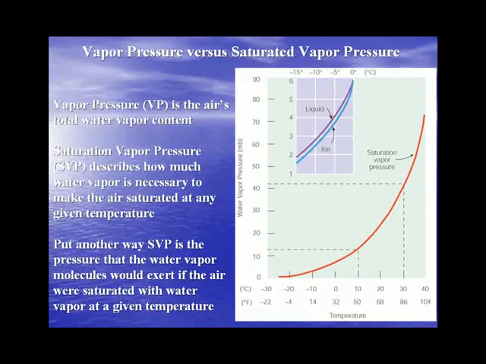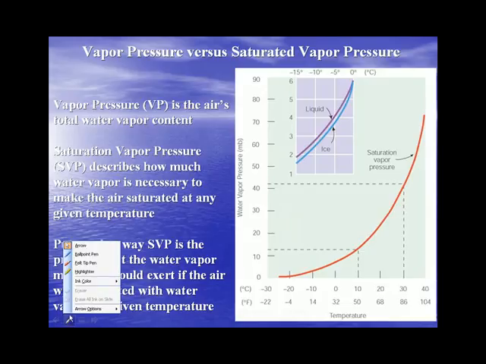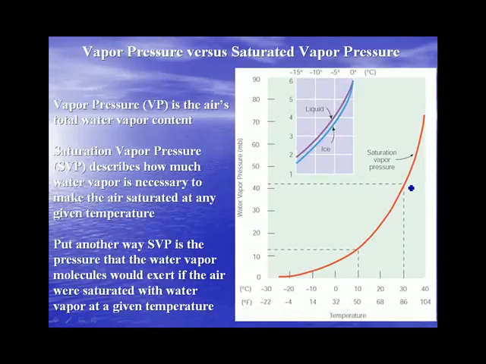Okay, so we've talked about this saturation vapor pressure curve here that we see. And let me go ahead and set up my pencil here. Now this is the saturation vapor pressure curve.